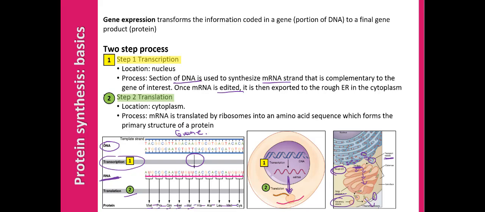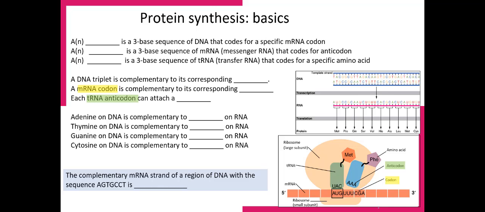I'm going to talk next about the basics, right? When we talk about the basics, what you can see here is that there are these groups of 3 nucleotides together, and these groups of 3 continue through in terms of complementarity from DNA to RNA.